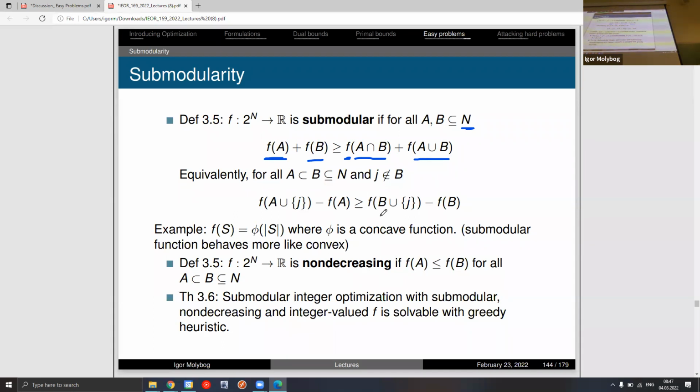If we would like to understand the value of f on this subset of five numbers, we would just need to take the value phi of 5. Any such concave function phi defines a function f according to this rule, and this f turns out to be submodular.